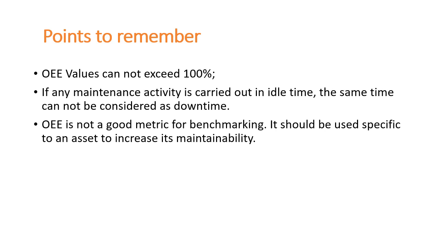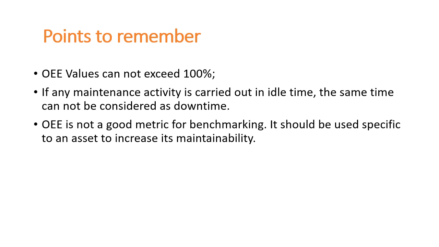Another thing that is of critical importance is, I have shown you in the timeline that there is a time which is known as idle time. Idle time is the time when the machine is not required to operate. But this time is available with you, and within this time you can do the maintenance. You can do the scheduled maintenance. And if you do that, this time cannot be considered as downtime.